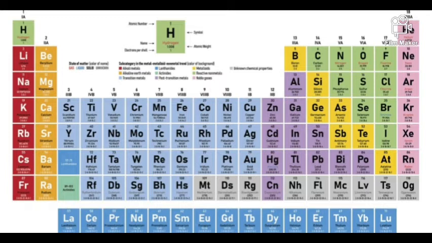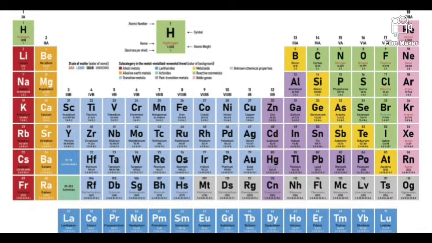If you see the periodic table that is given here, the red color elements are the alkali metals and the orange color elements are alkaline earth metals. The pale blue color elements are transition metals.